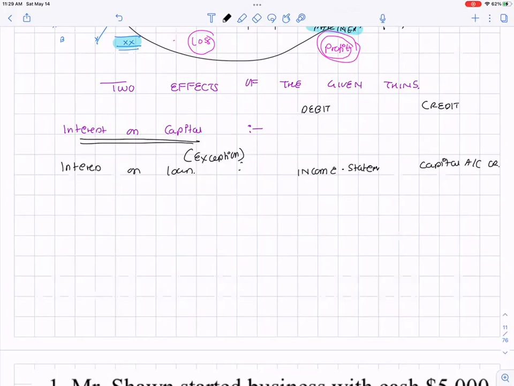Interest on capital, two effects. Appropriation and capital are the two accounts. Appropriation debit, capital credit.